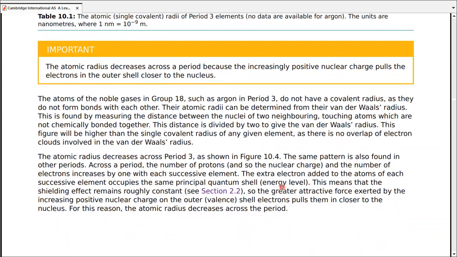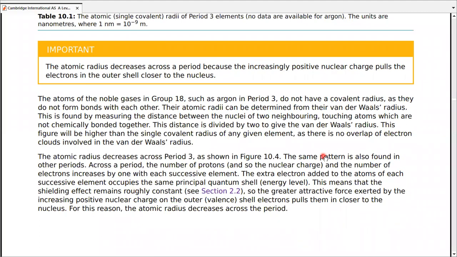Okay. So moving on, the atomic radius decreases through period 3. The same pattern is also found in other periods across the period. The number of protons, the nuclear charge, and number of electrons increases by 1 with each successive element. We've already explained that this extra electron added to the atoms of each successive element occupies the same quantum shell or energy level.